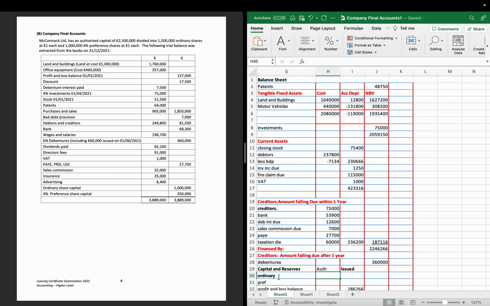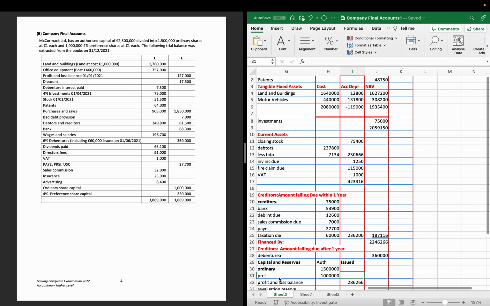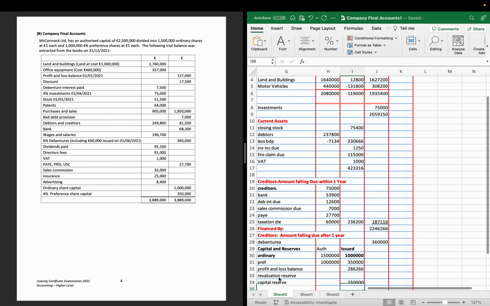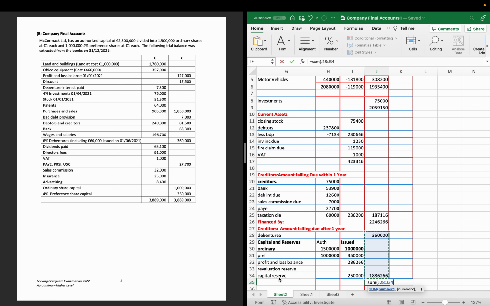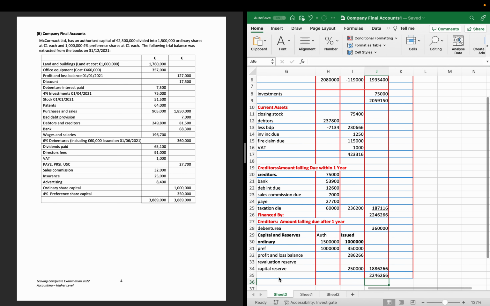So you have 1.5 and 1 million authorised up at the top, and the issued is 1,350,000. There's no revaluation reserve, so if you just add those together and then add your answer onto the debentures, hopefully this balances. 224,266 balances.